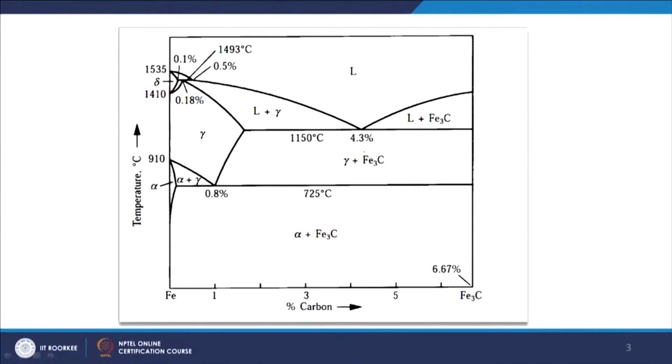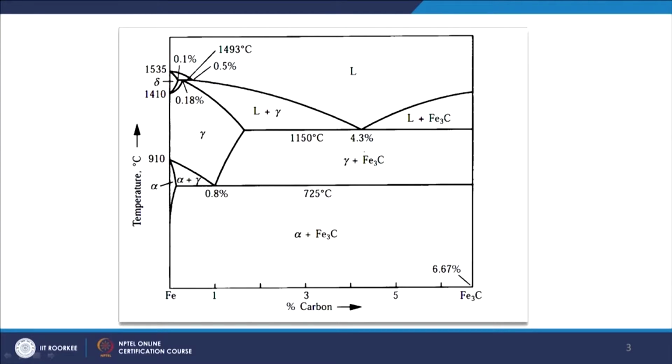So, that is why we need to understand the iron carbon phase diagram, because with the variation of carbon percentage you get different phases.